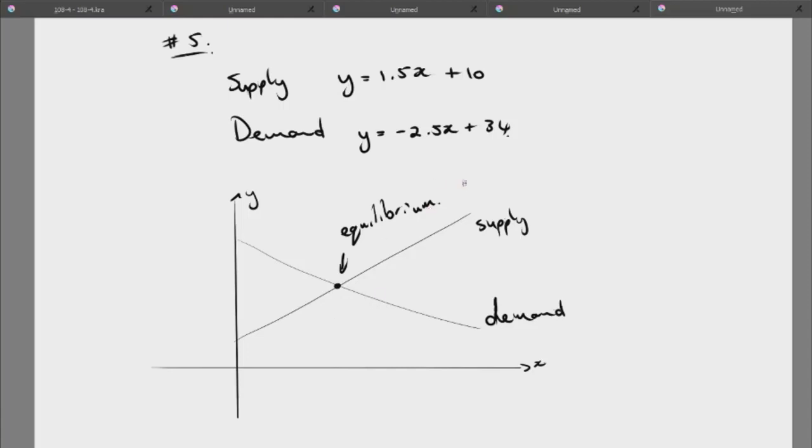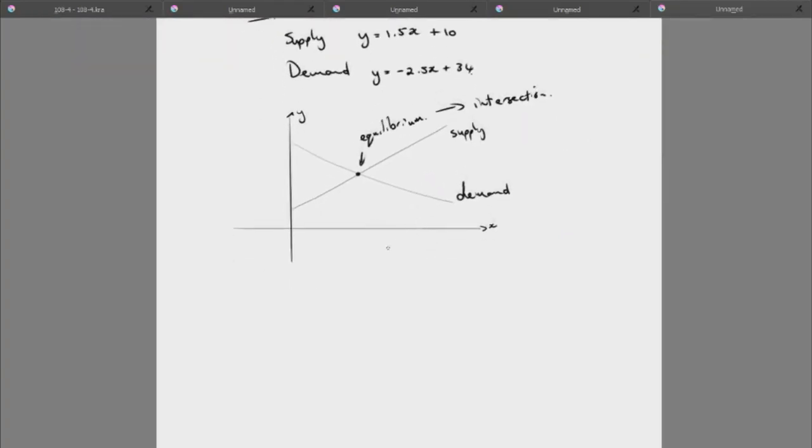How do I find the intersection of two lines? I set them equal to each other. So I'm going to zoom out a little bit so I can see them. So equilibrium is 1.5x plus 10 equal to negative 2.5x plus 34.